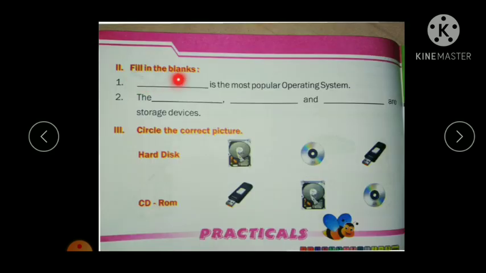Fill in the blanks. Dash is the most popular operating system. Which is the most popular operating system? Yes, you know that answer. Then, dash and dash are storage devices. Which are the storage devices we learned today? Yes, remember that.